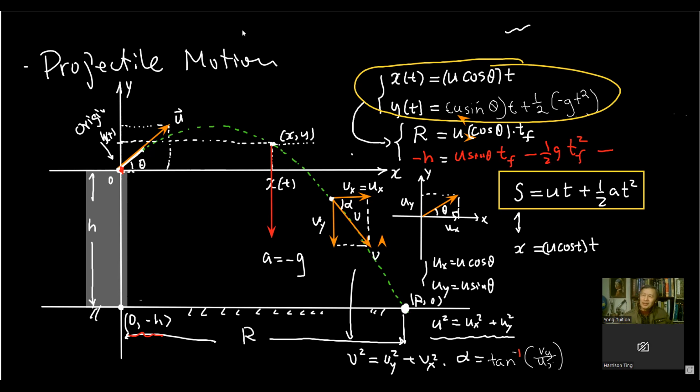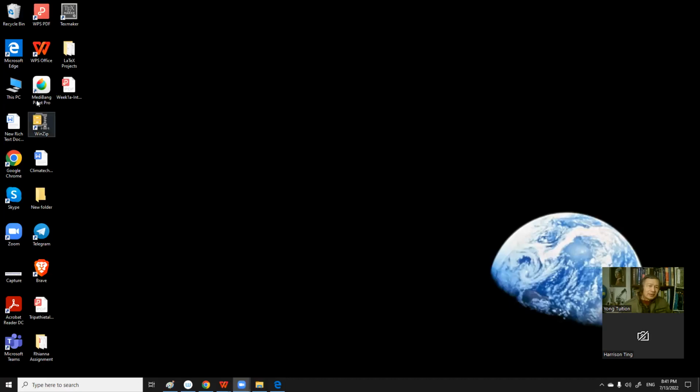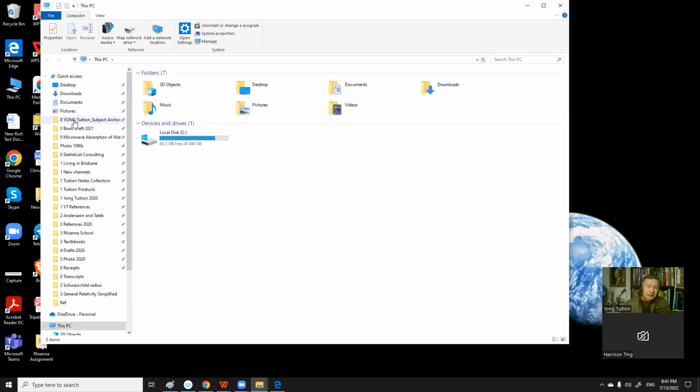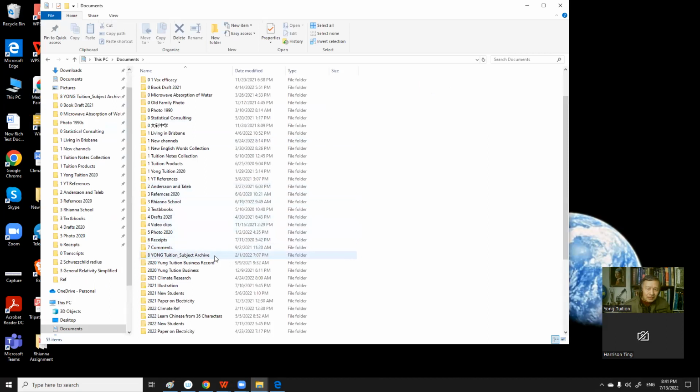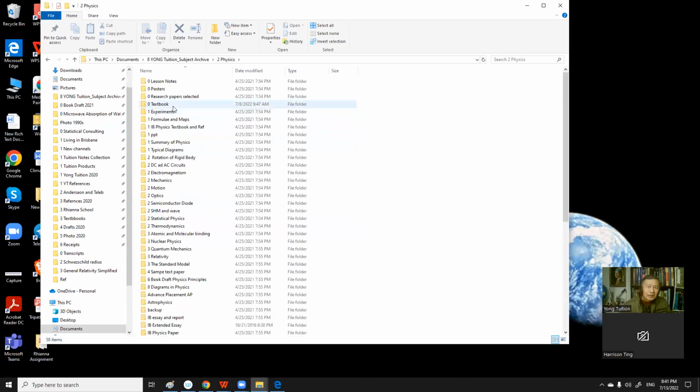I can show you other functions. For example, both sides can share the screen. If I share my screen, I show you I have a note of reference here. For example, we have this archive. I can pick up a textbook at any time.